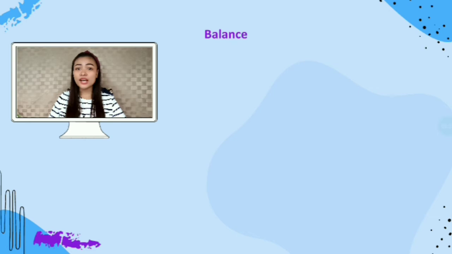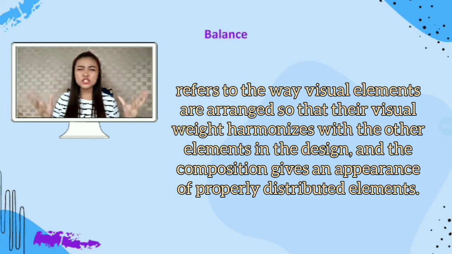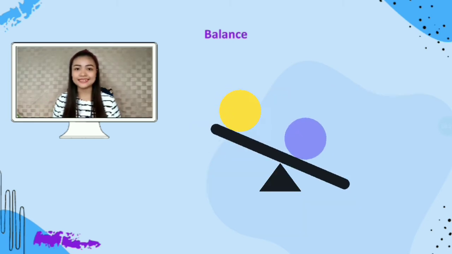Balance, one of the key principles of design, refers to the way visual elements are arranged so that their visual weight harmonizes with the other elements in the design, and the composition gives an appearance of properly distributed elements.